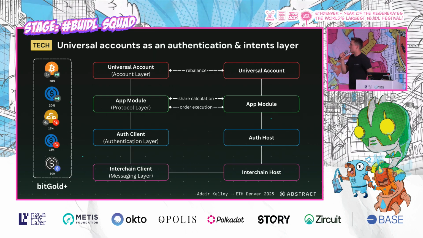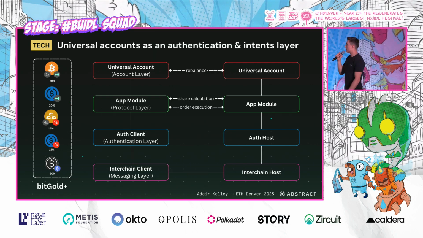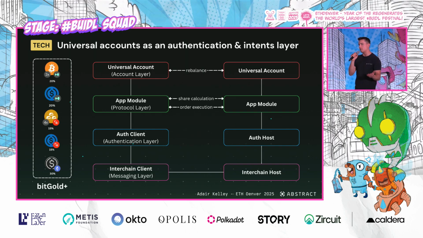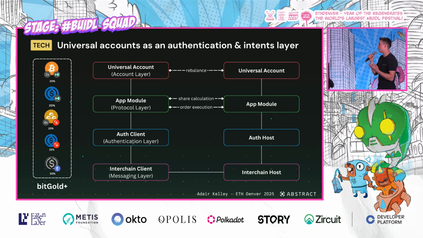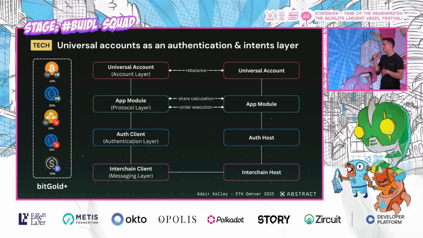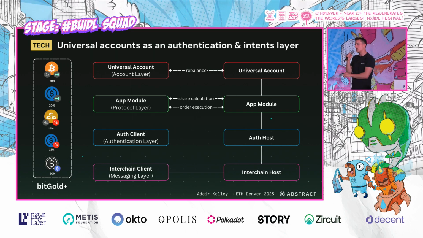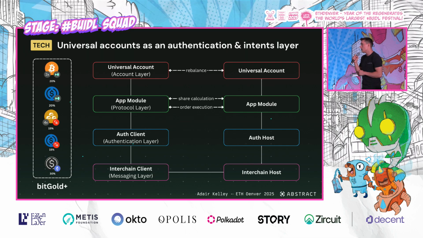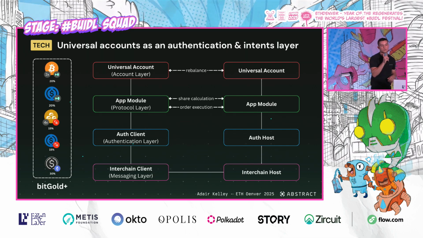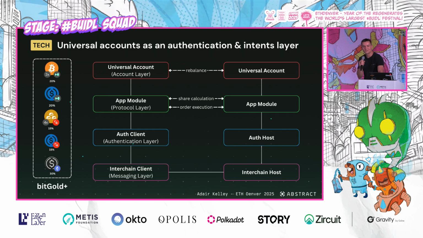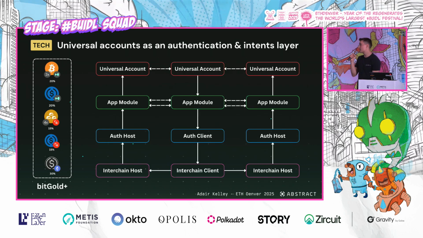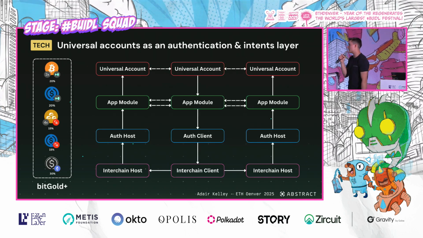And so what this means is if we were able to build a vaults protocol on top of universal accounts, we would be able to use intents to solve for the rebalances, and then we'd be able to write custom protocol logic on top of that account with baked-in authorization to do the share calculation and the order execution, which is actually quite cool. And yes, this type of model scales very well across different chains.